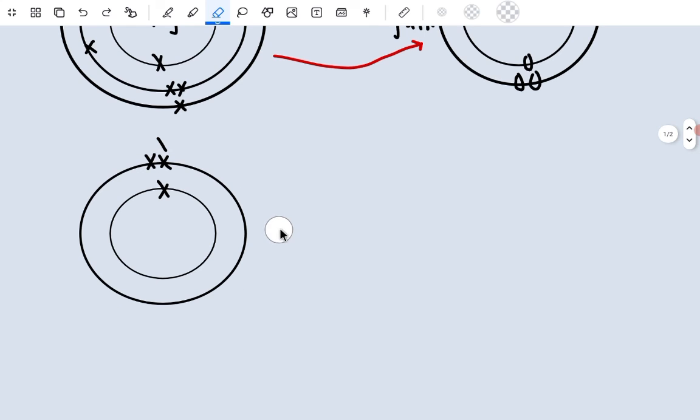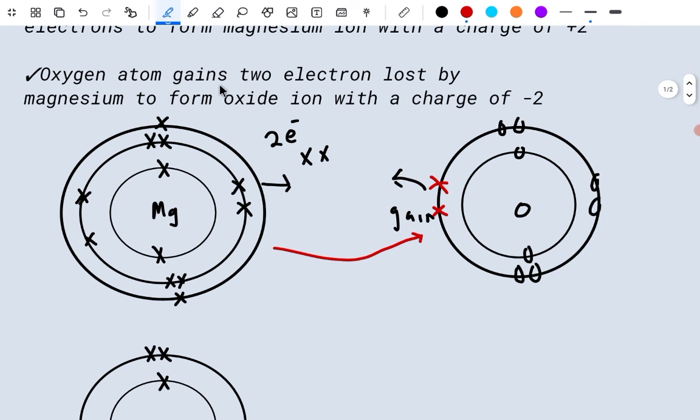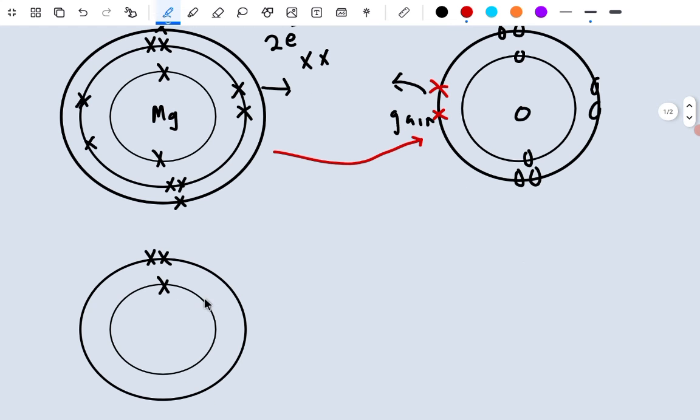So not to confuse anyone here, why have I removed the last shell? Because it has lost the 2 electrons, but it's still magnesium.